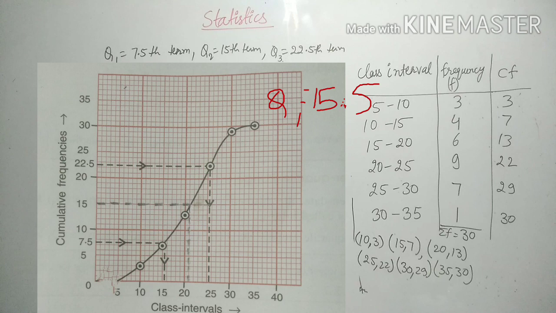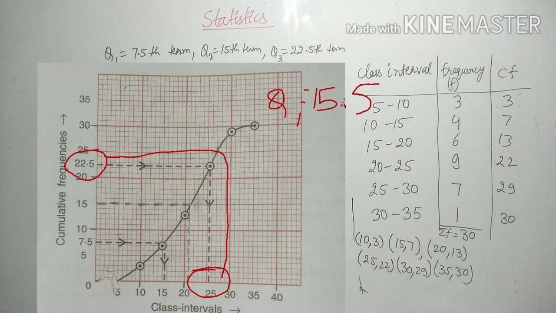Now we will try to find Q3. Q3 is the 22.5th term. Where is 22.5? For 22.5, the corresponding class interval is between 25 and 26. That means 25.5 will be the value of Q3.